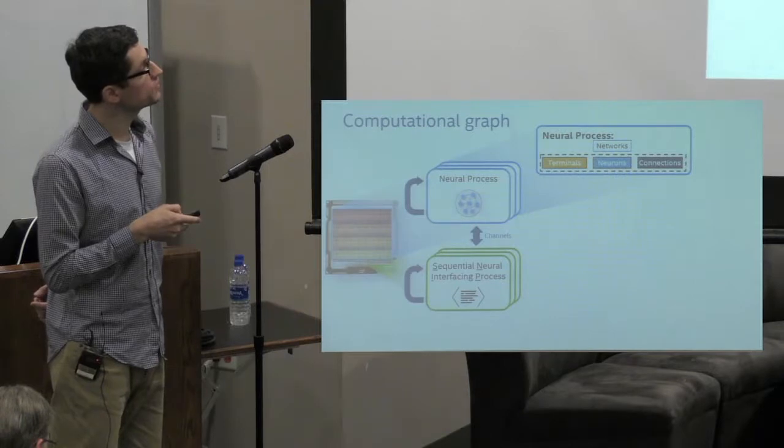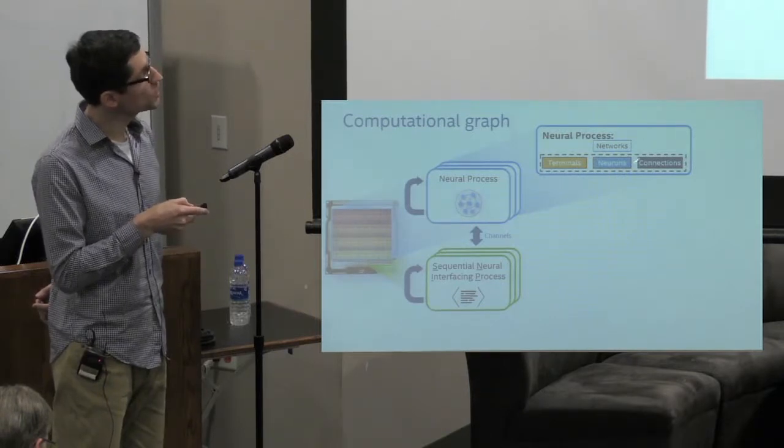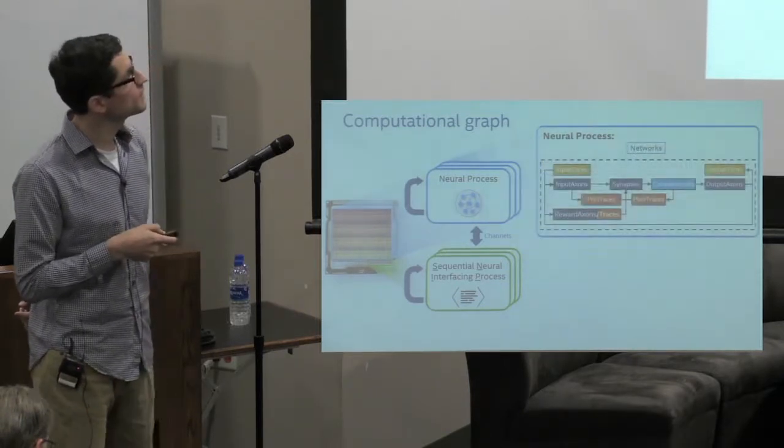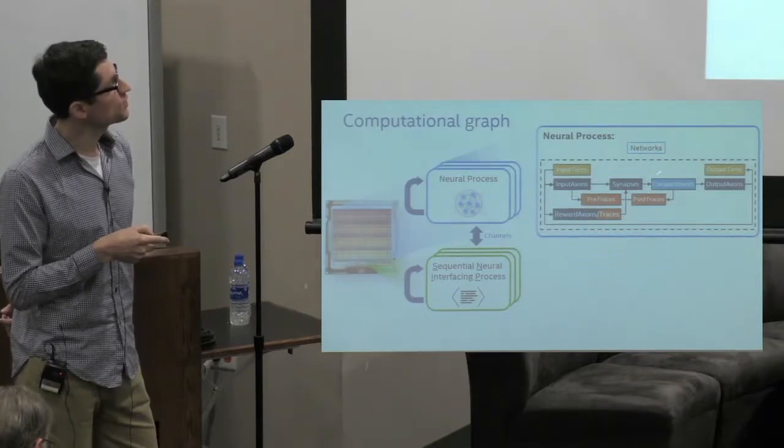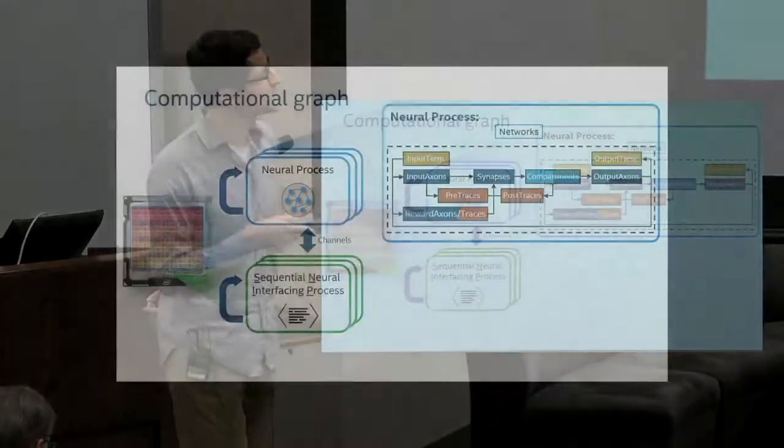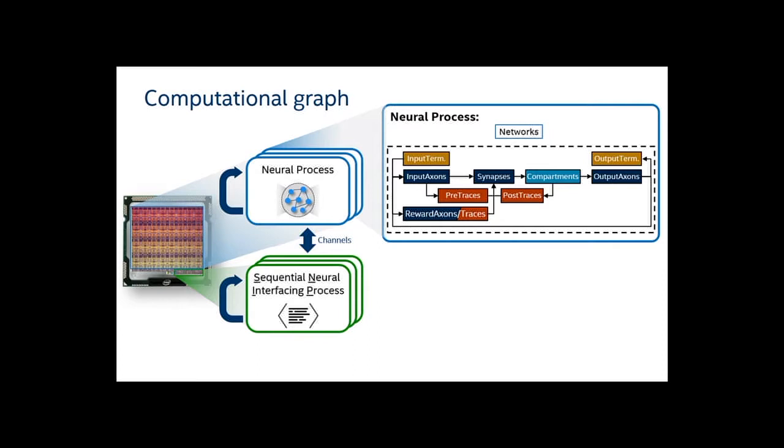If you zoom even further into this computational graph of a neural process, it will actually look like this. This is a slightly more abstracted version of the pipeline that Mike has shown on the neural core level. At the input side, you can receive spikes. They enter axons.